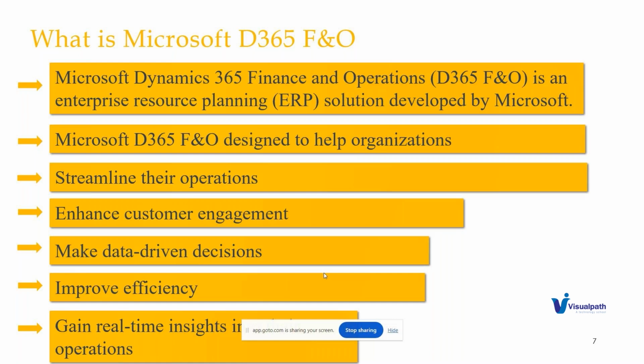That's why we call it Microsoft Dynamics 365 F and O. D stands for Dynamics. If anyone wants to purchase the license of D365, they have to purchase it from Microsoft. So usually, why will a company look for an ERP solution for their business needs?